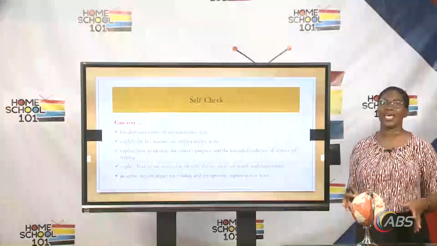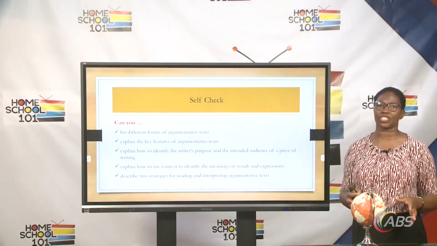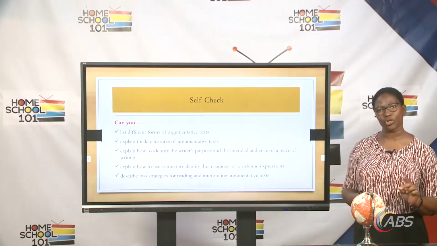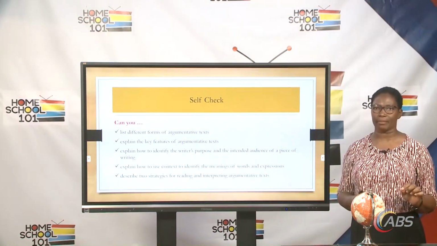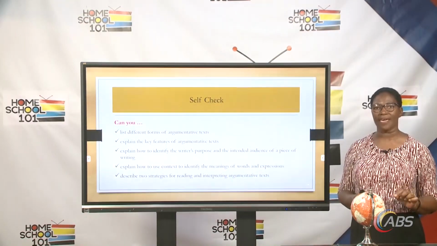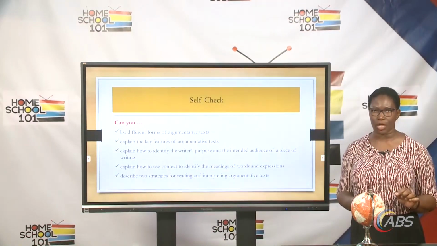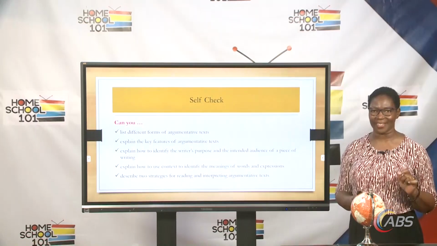These are the things that you should go into the examination armed with. So make sure you do your self-check. Prepare, prepare, prepare, because you know if you fail to prepare, you must prepare to fail.